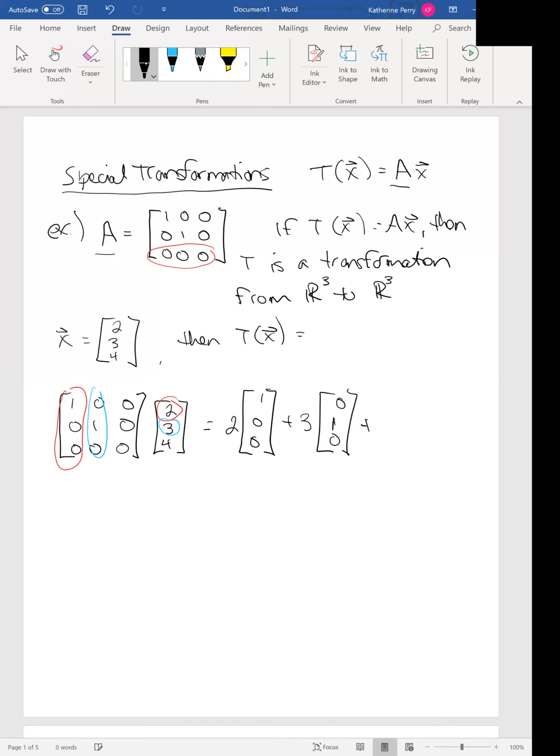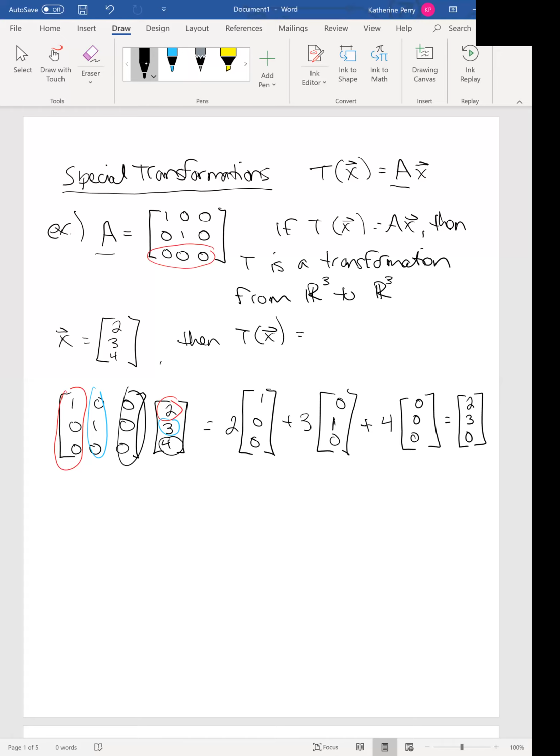And then the third entry times the third column, which would be 4 times 0, 0, 0. And notice I end up getting 2, 3, 0. So my first and second entries stay the same, and my third entry disappears.